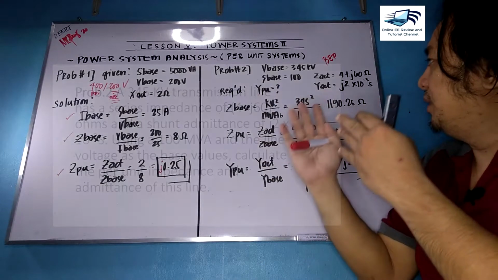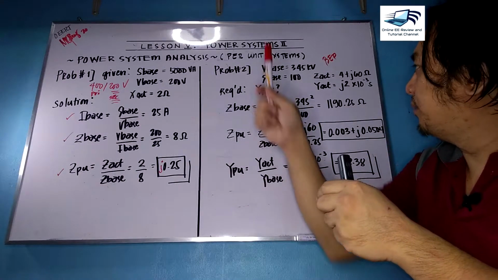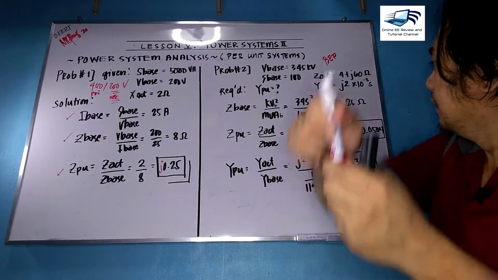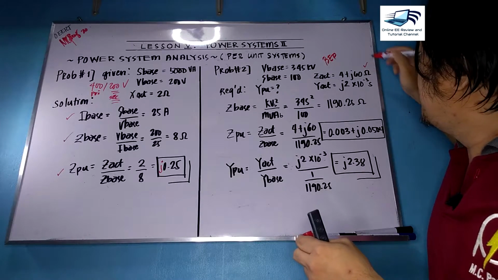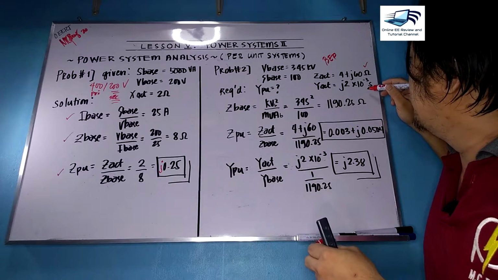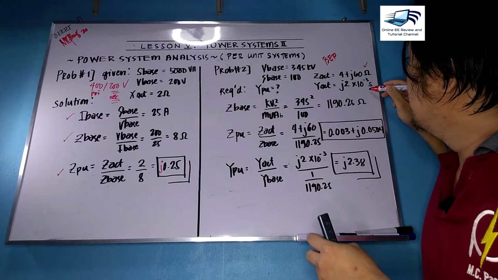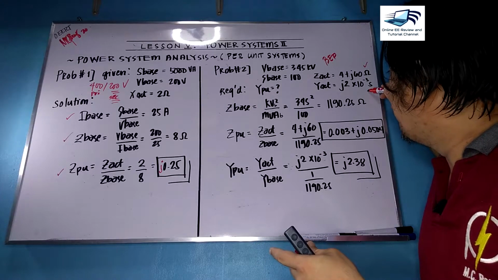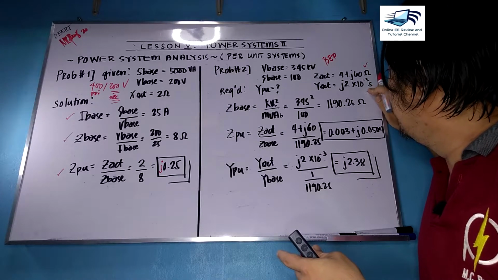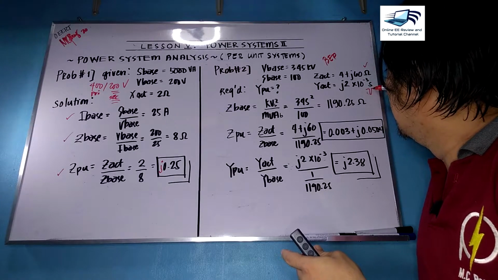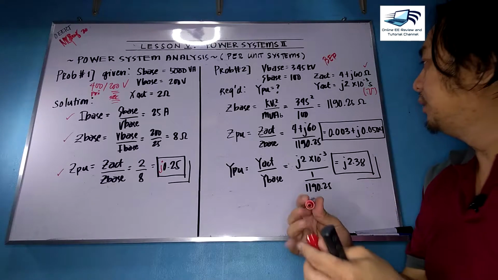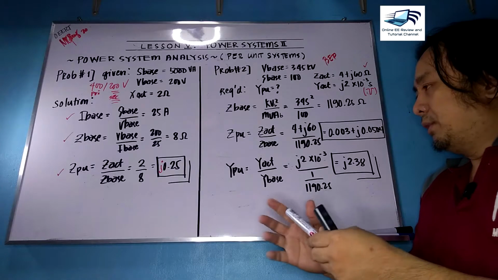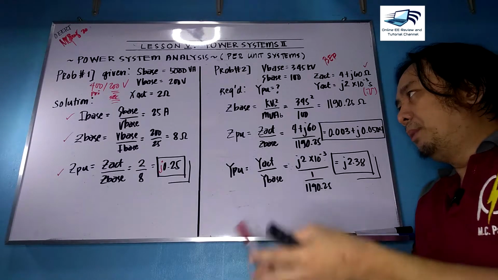Going back to the given, you have your V base 345, S base 100. The actual value is 4 plus j60 and Y actual is j2 times 10 to the negative 3 Siemens, which is also in terms of mho unit.